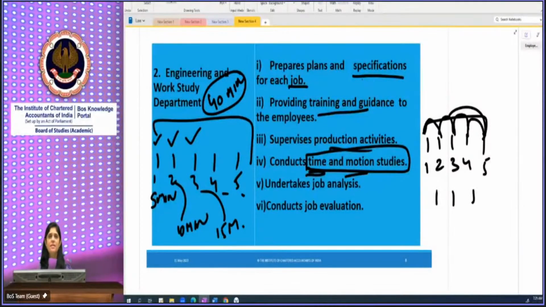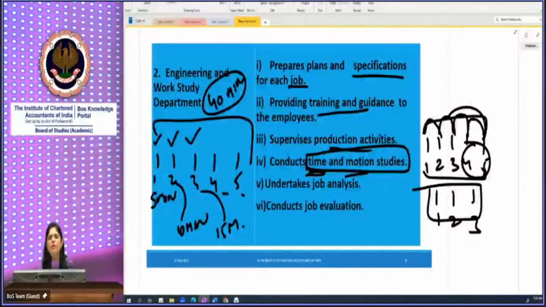They will analyze very, very minutely what all activities are taking place, and then they will identify the best method to do a job so that cost control can happen. All right. So if out of 5, let us say they have worked out that this job can be done by only 3 activities, 5 are not required. So see, we have controlled the labor cost. We have brought down the labor cost.